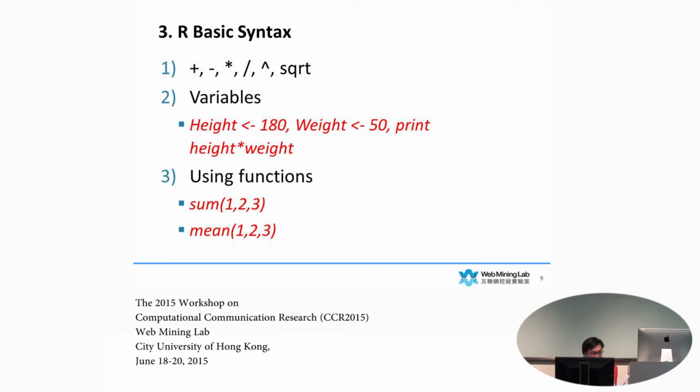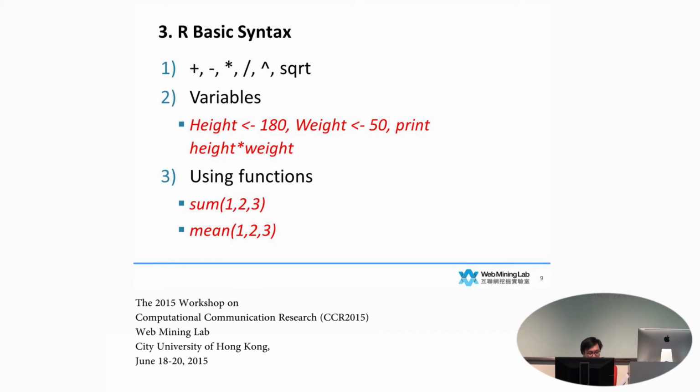Okay, the next, R has some generic functions. We can use them directly without any libraries. For example, we can use the sum function to calculate the sum of the numbers 1, 3, 4, 5 in this way. We may first create one. Use the c function, which I will introduce later.